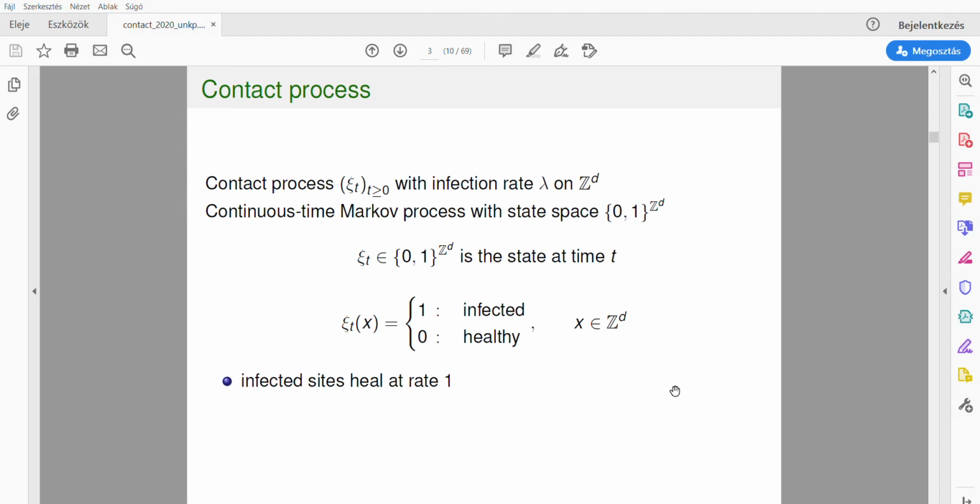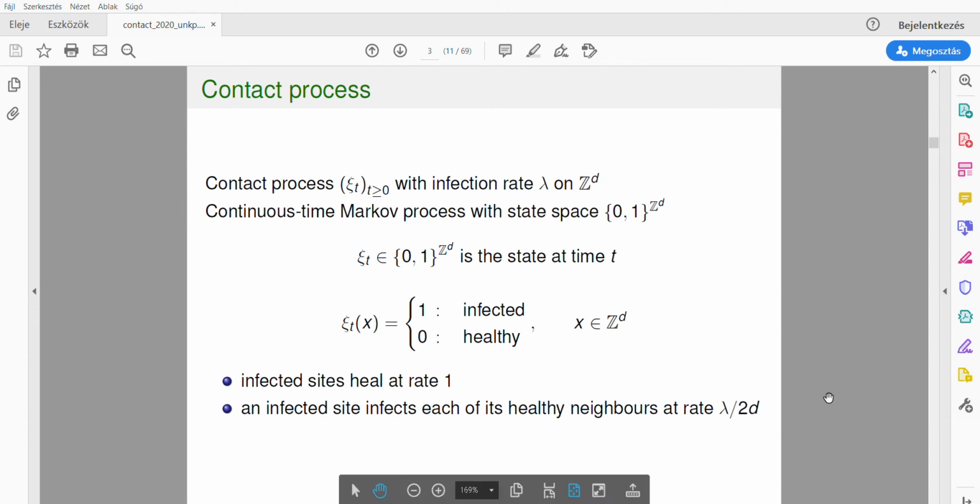Now let's discuss how healthy people catch the disease. If there is an infected site, then this site infects each of its healthy neighbors at rate lambda divided by 2d. The reason for this parametrization is as follows. Of course, we are on Z^d, and we discussed the nearest neighbor lattice, meaning that each individual has 2d neighbors.